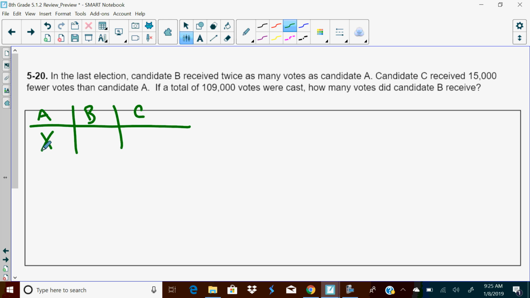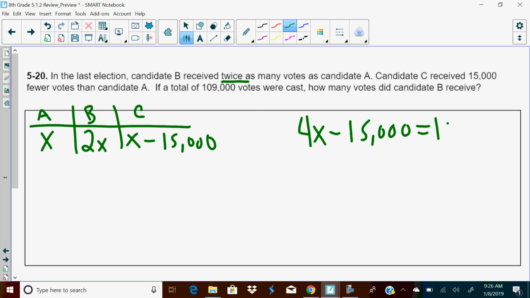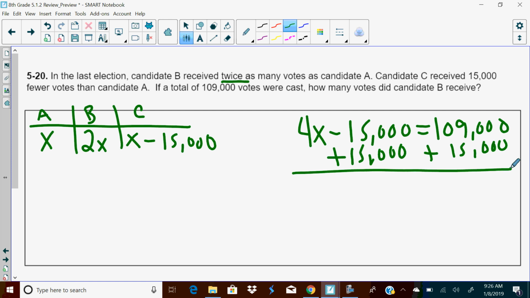So A would be x, B is twice as many, so it's 2x, and C is 15,000 fewer, so it's x minus 15,000. So then I combined like terms and got 4x minus 15,000 equal to 109,000. Added my 15,000. Got 4x equals 124,000.